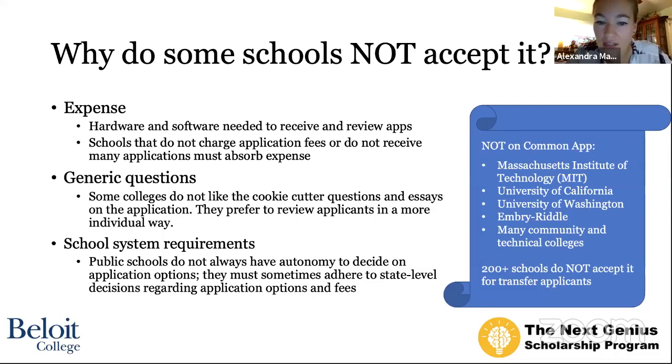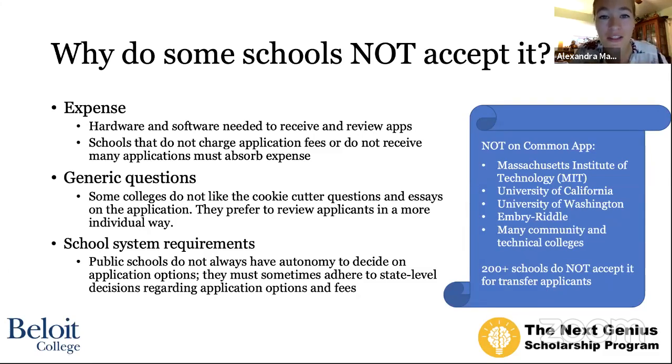UC Davis, UC Berkeley, UCLA, none of those appeared, but as you'll see, University of California and University of Washington are public systems. However, University of Wisconsin-Madison is on Common App. So sometimes there are trends as to what would make a university want to be on Common App, and then sometimes it's just up to that school. So it's always just worth checking.